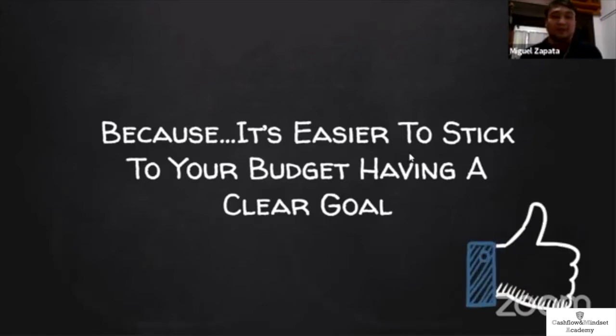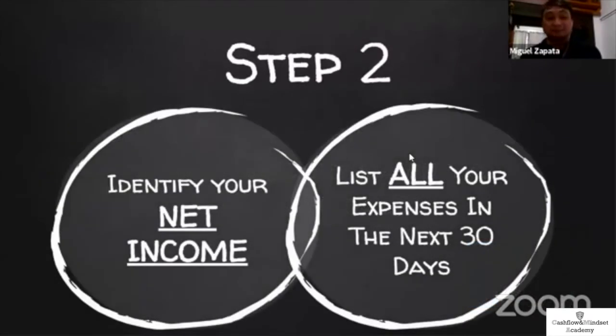Okay, so moving on to the second step, identify your net income and list all your expenses in the next 30 days. So just to explain lang further dito sa identify your net income. Everything has to be computed net or neto.